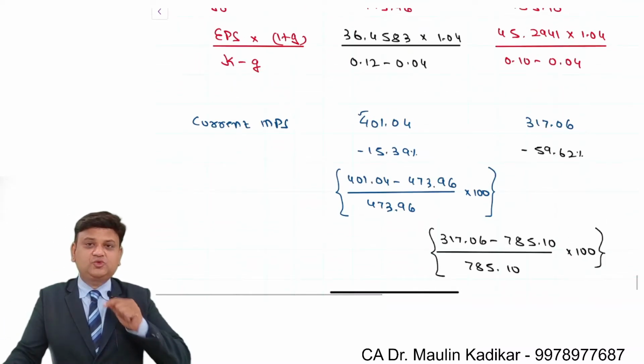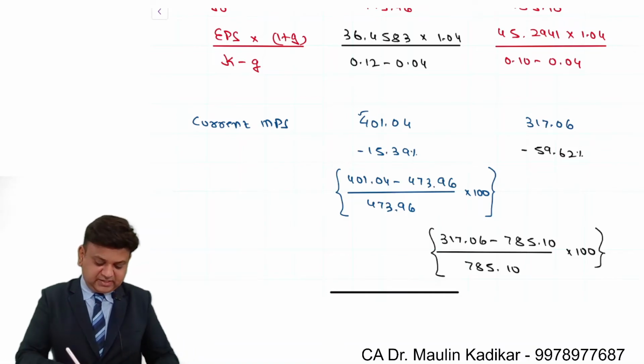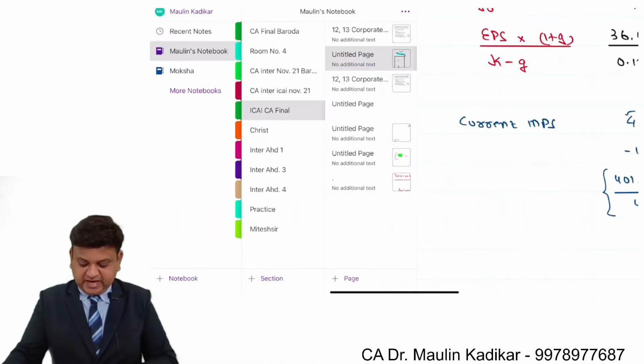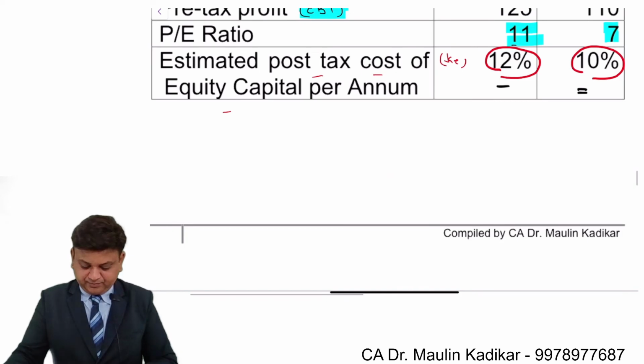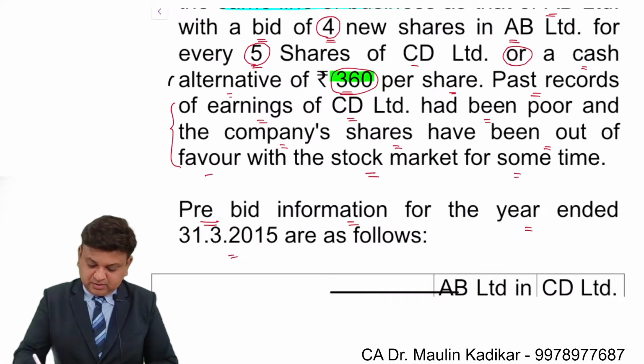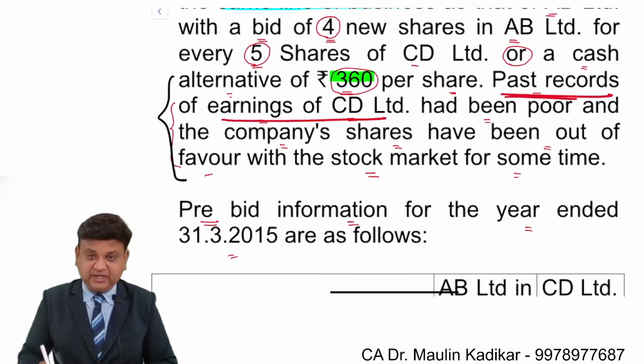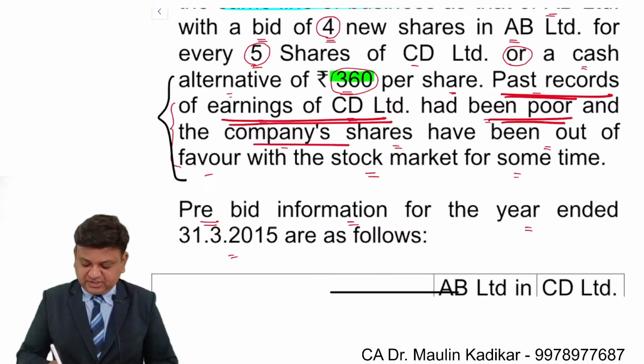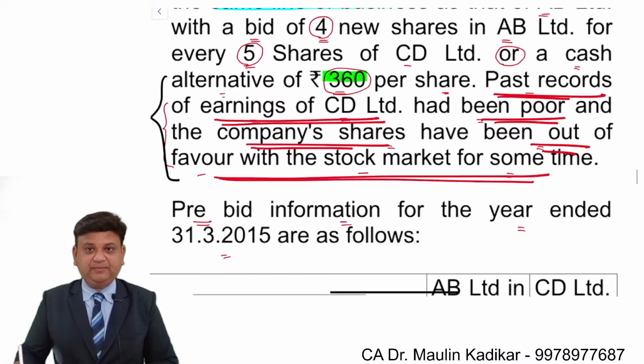Now why is it so much underpriced? For that, a reason is provided to us at the beginning of the question. Past records of the earning of the target company, CD Limited, had been poor and the company's shares have been out of favor with the stock market for some time.